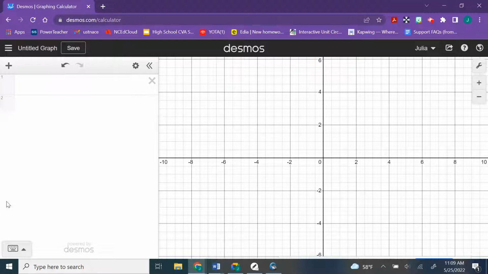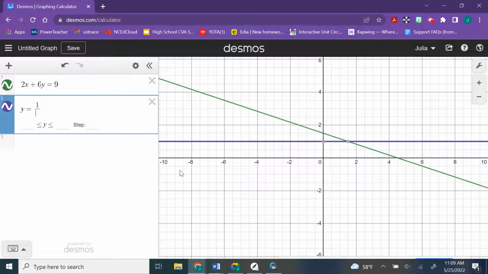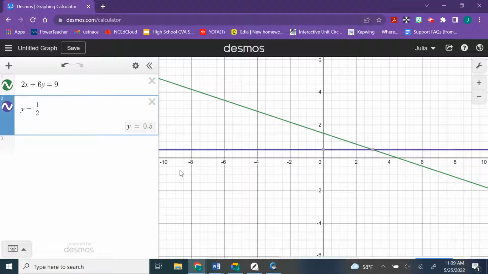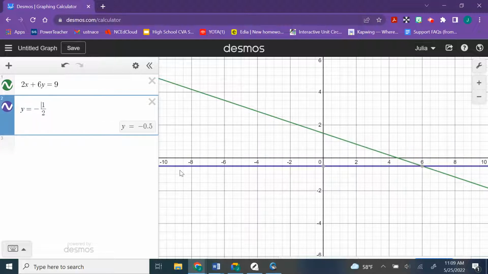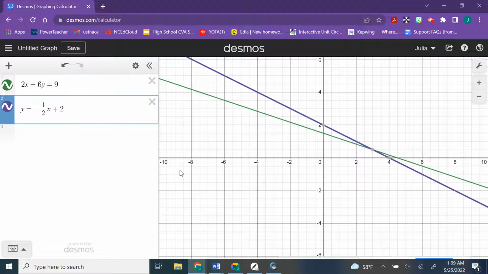I've been known to make mistakes. So the first one was 2x plus 6y equals 9. And the second one is y equals negative 1/2 x plus 2. And our x value is 3.